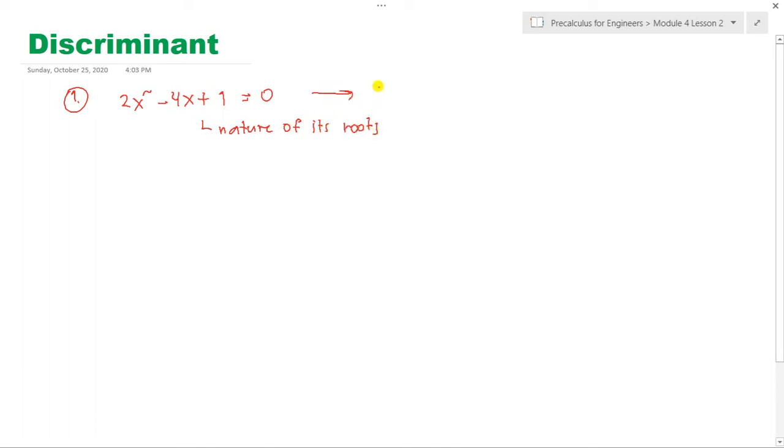This is of the form ax squared plus bx plus c is equal to 0, the standard form of our quadratic equation. So here, a is equal to 2, b is equal to negative 4, and c is equal to 1.